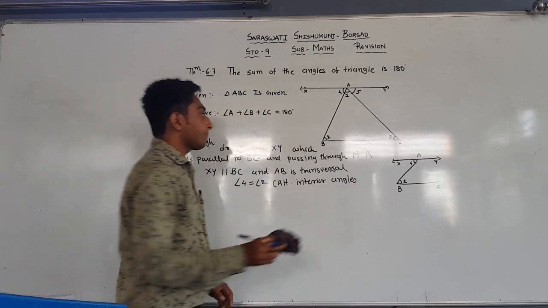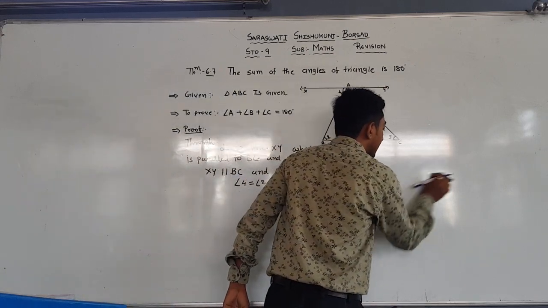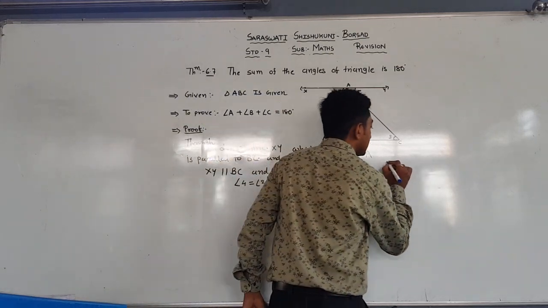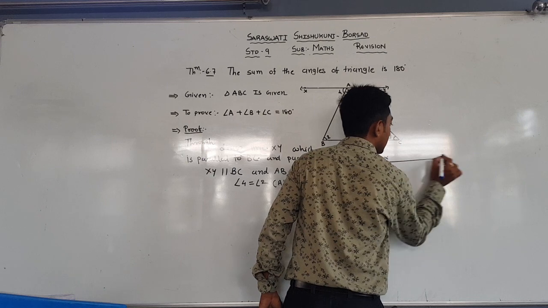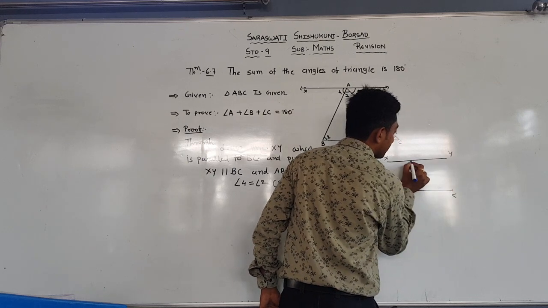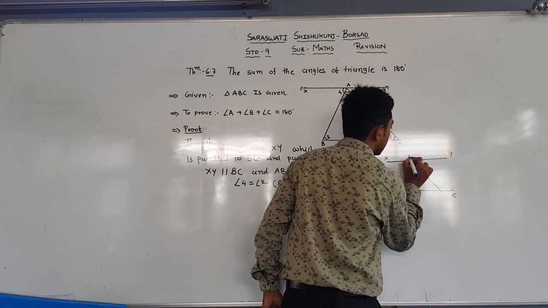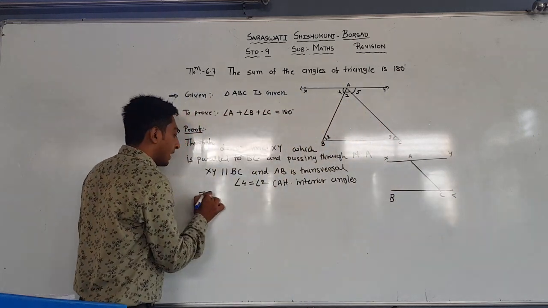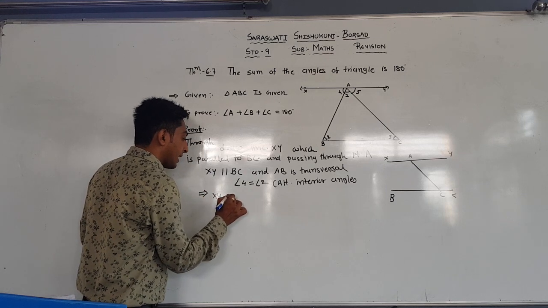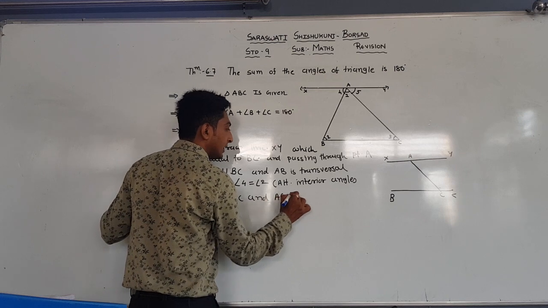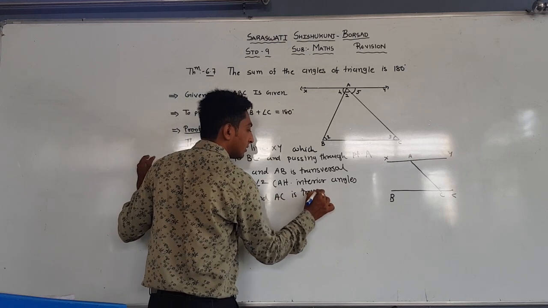Now here I can see another transversal. This is our XY, this is our BC, and the other transversal is AC. So I have to write the next step: XY parallel to BC and AC is transversal.